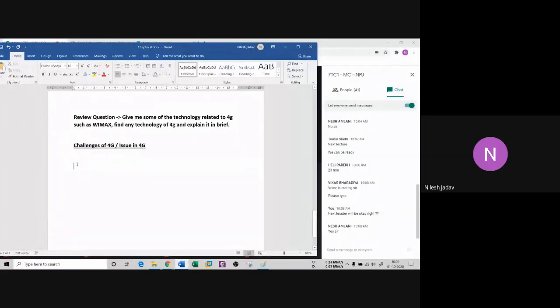So the first issue is based on mobility management.